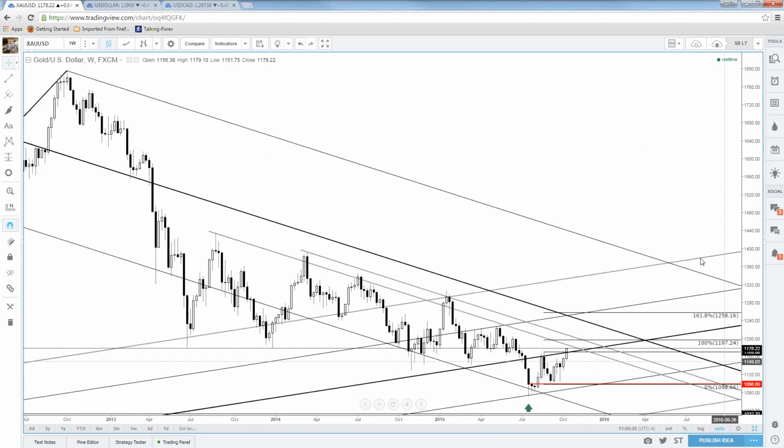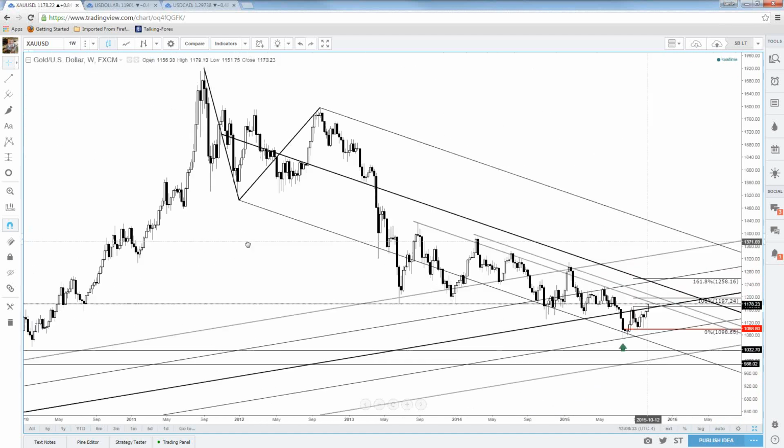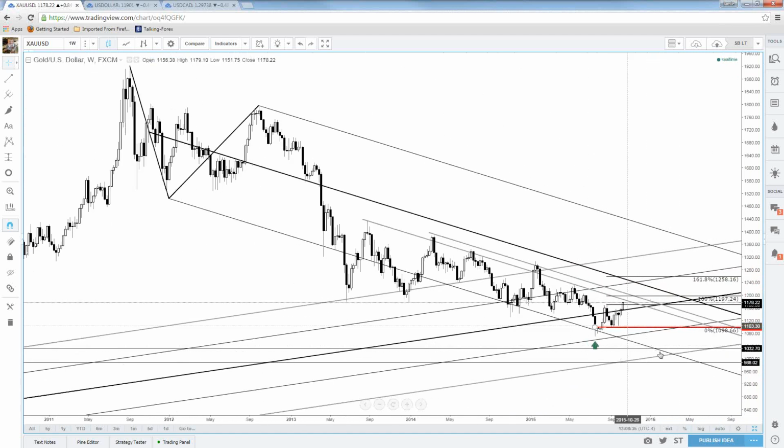And gold itself is actually going to come into resistance on the weekly chart a little higher, starting at like 1187 or so. Today's high is 1179, so it's really not very far.